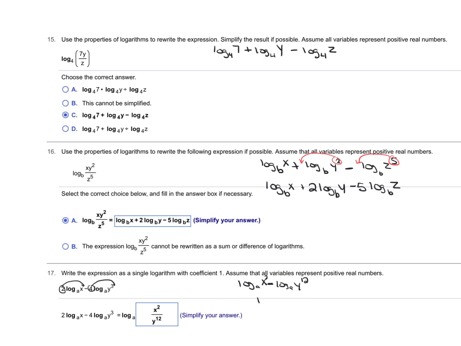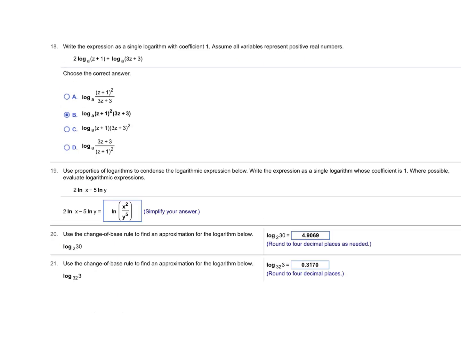Subtracting gets rewritten as dividing, so log base a of x squared over y to the 12th, because the log base a is the same for both.